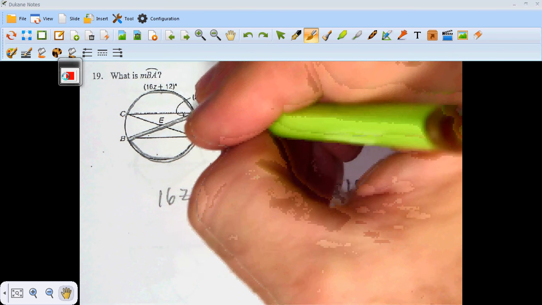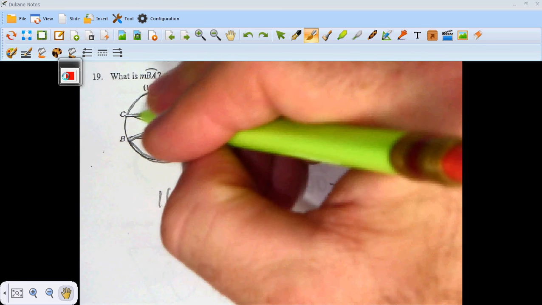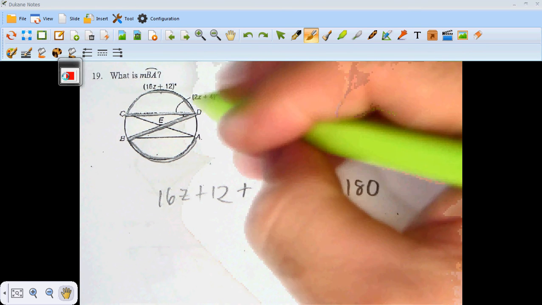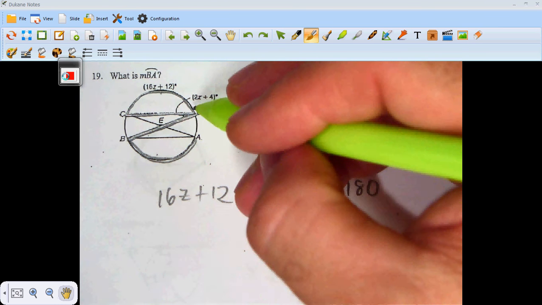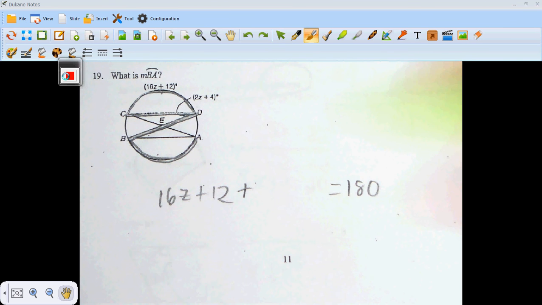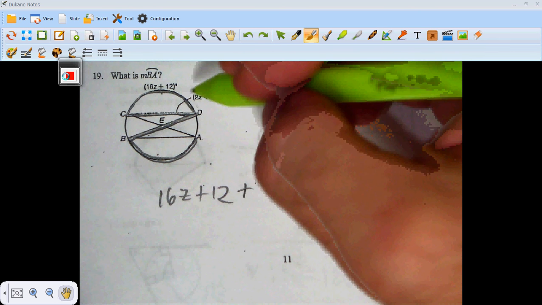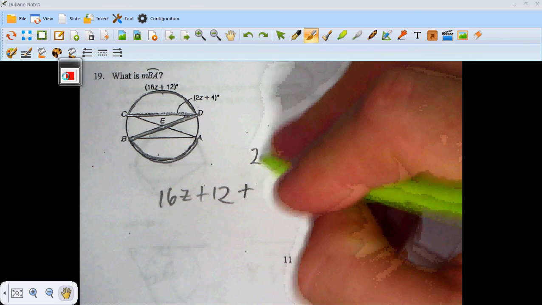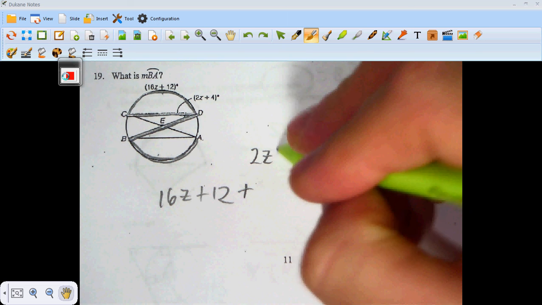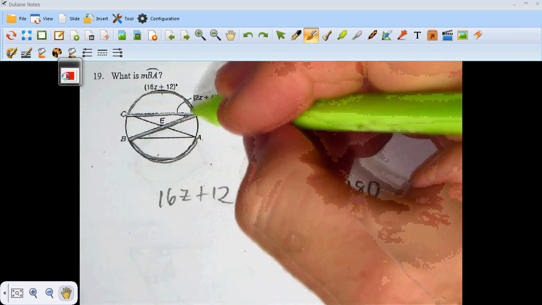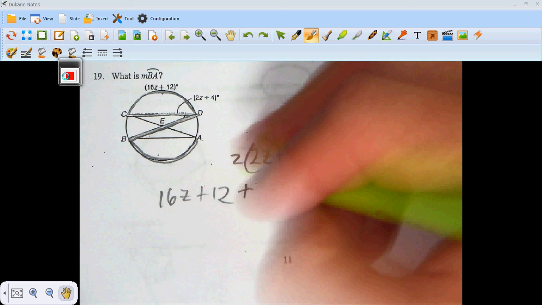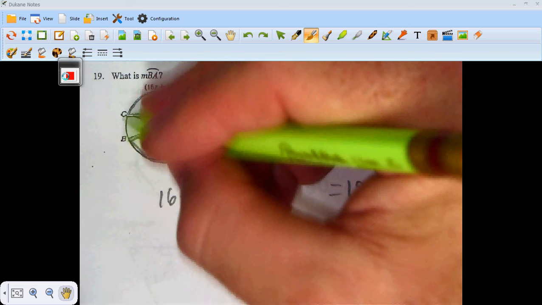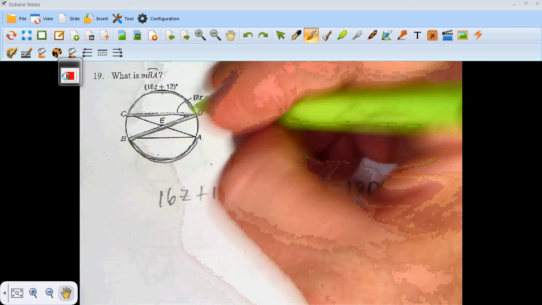Well, this arc, the arc that I'm looking for, is this an inscribed angle or a central angle? Inscribed. Be sure that you know the difference and understand what they are. So this angle, 2Z plus 4, I need to multiply by 2 to get to this arc, because remember, this is half of this.